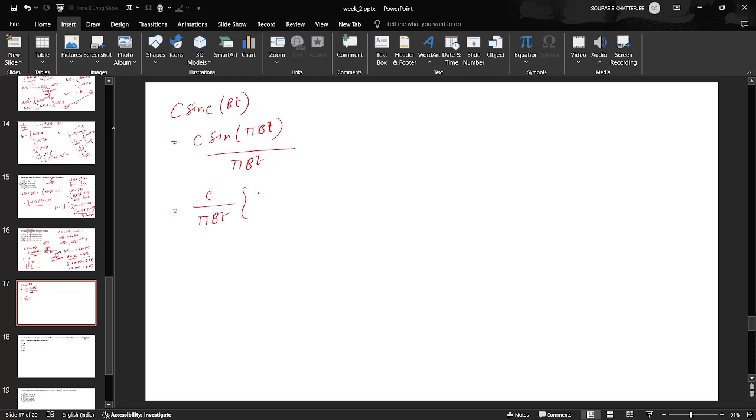I plan to write it as a difference of two complex sinusoids, that is e to the power j pi bt minus e to the power minus j pi bt divided by 2j. And if we compute the Fourier transform of that, minus infinity to infinity x(t) e to the power minus j 2 pi f t dt.